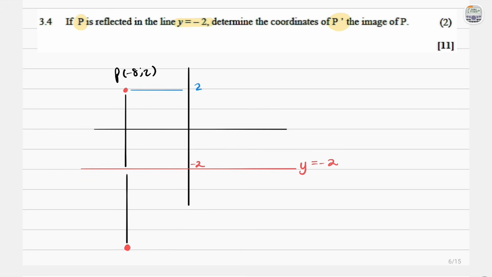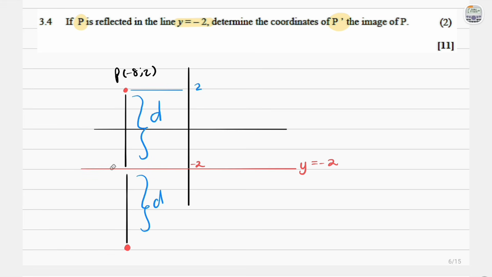When you reflect a point across a line, what it means is that if you travel from that point to the line that it was reflected across, the new point that was reflected is going to be at the exact same distance as from the line it was reflected from to this new point. So their distance will be exactly the same, and that's how you would know this was reflected across this line.